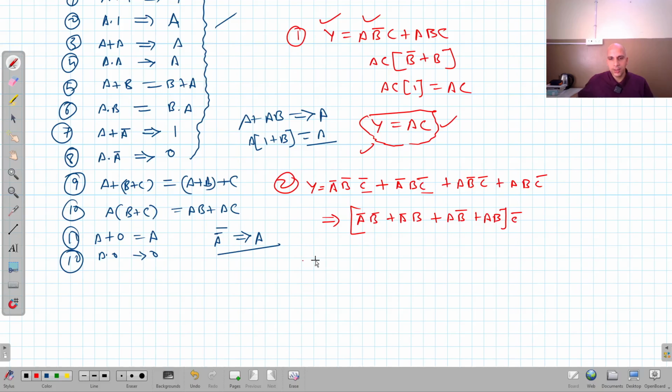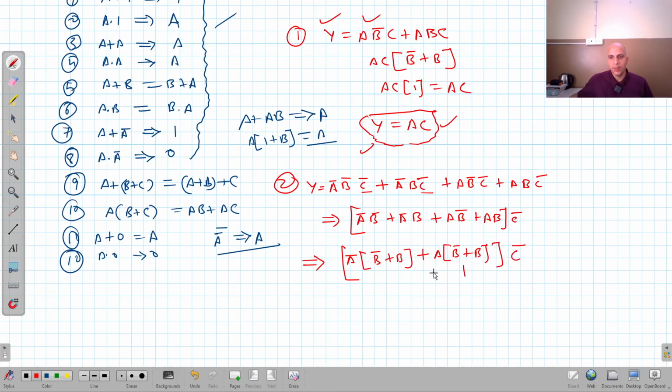Then I am further taking some common things here. A bar is common in both, so it is B bar plus B, right? Then A is common, A into B bar plus B, and C bar.